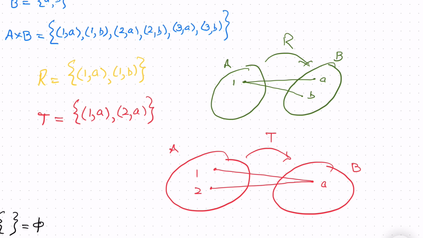Or if you have one box to deliver, can you deliver it to two houses? No. So it's not a function if you have one input and two outputs. But if you have two boxes, they could be delivered to one house. That's okay.